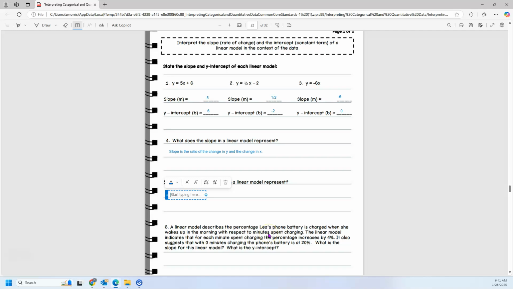What does the y-intercept represent on a linear model? Okay, so the y-intercept is where the line crosses the y-axis, and the value of x is 0, okay?